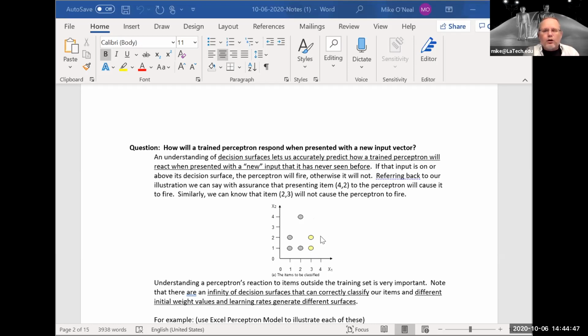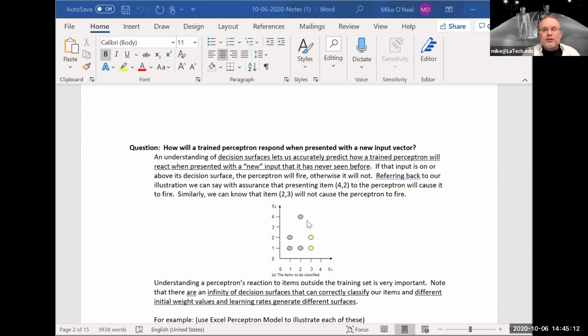I can tell you that 4-4 ought to be yellow, and 4-1 should be yellow. Should this thing here be yellow or gray? Well, if it's yellow, you can see that the problem is you're not going to be able to draw a line to separate the two classes. So then you would have a problem that's not perceptron learnable.